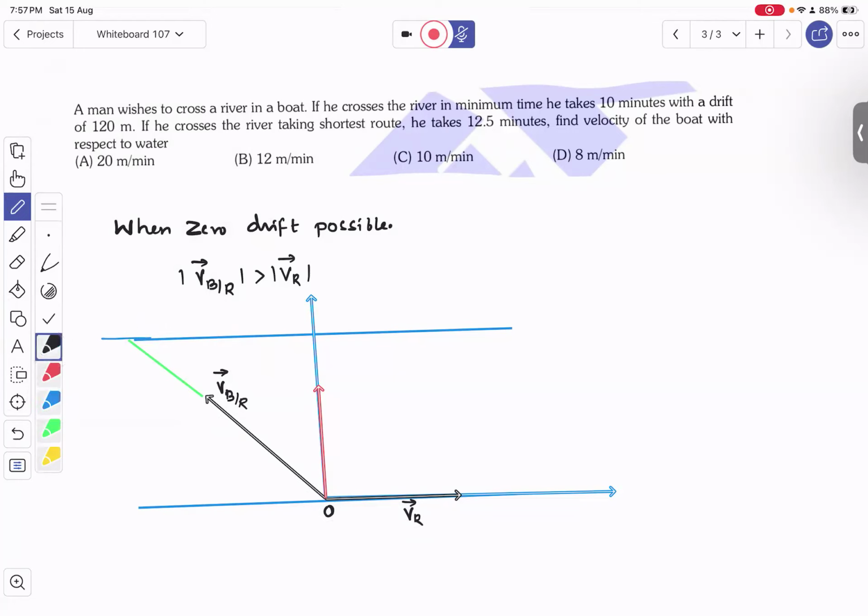Maybe I call that point, to call something I'll name it as, suppose A. So he will be trying to reach the point A, but where really he will end up reaching is the point B. So this is the point where the boat really reaches. And this is the path of the boat seen from the ground frame.